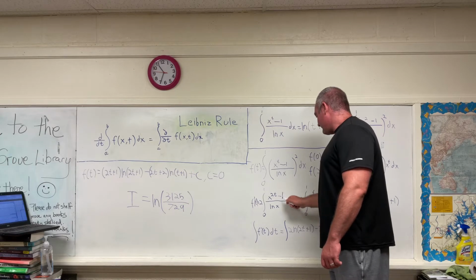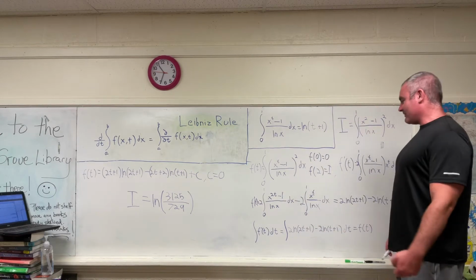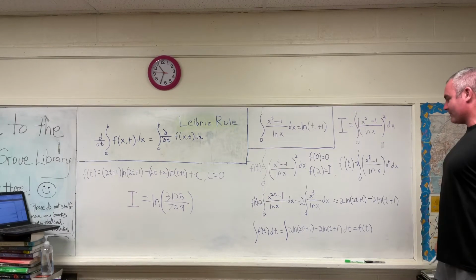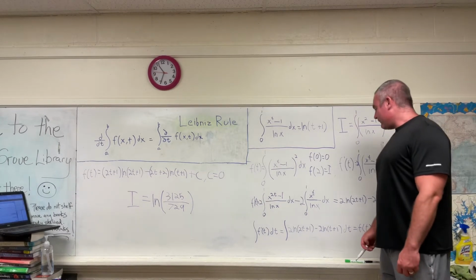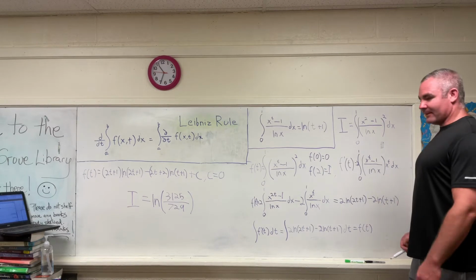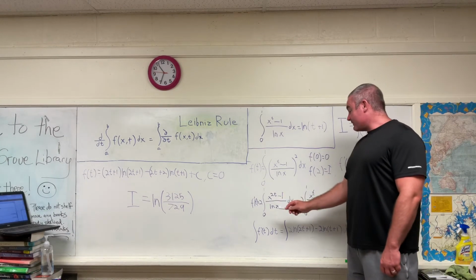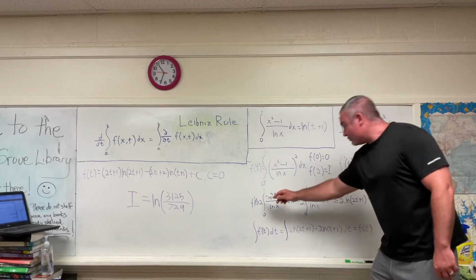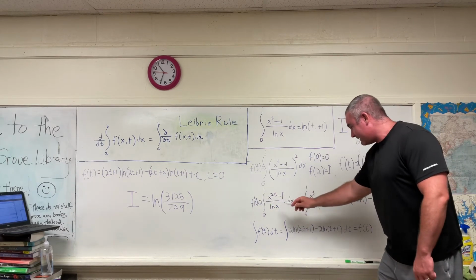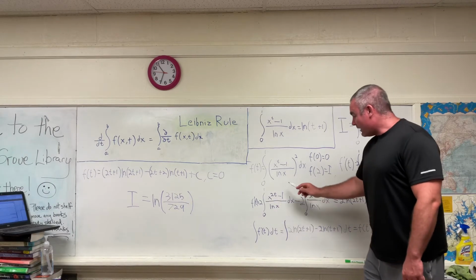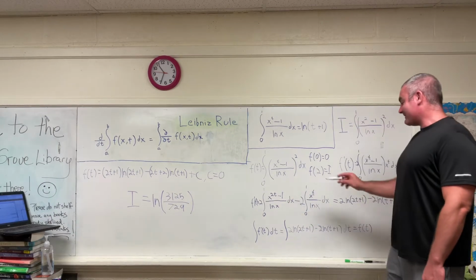Well, you can't just change the equation like that, because now it's not the same as it was before. So we need to figure out what we've done to that and then undo it somewhere else. Well, what we've done is we have subtracted 2 times the integral from 0 to 1 of 1 over natural log x dx.